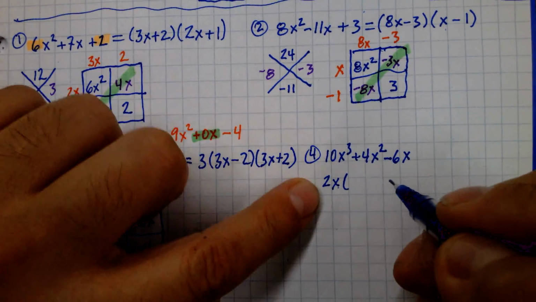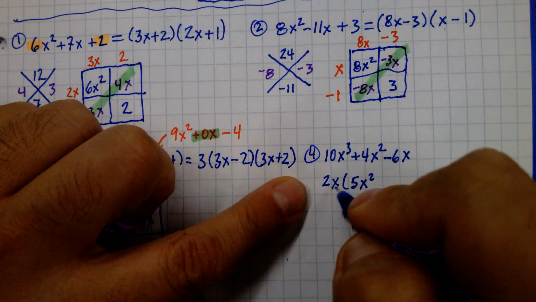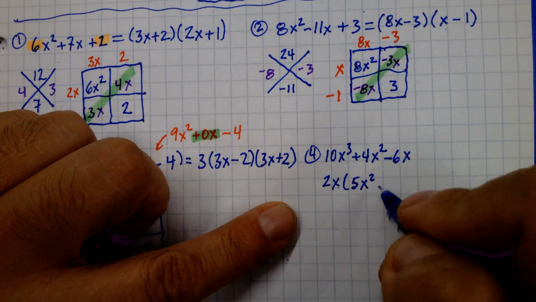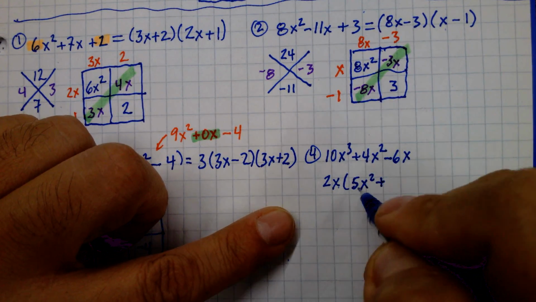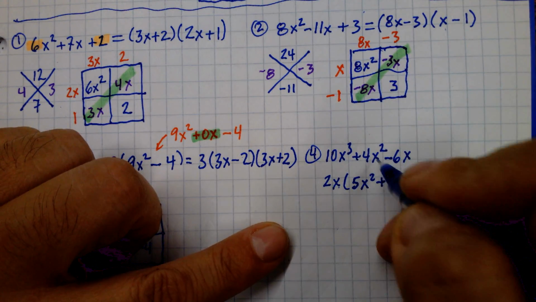So this would be 5x to the second, right? This times this would give me that. Plus 2x. This times this would give me that.